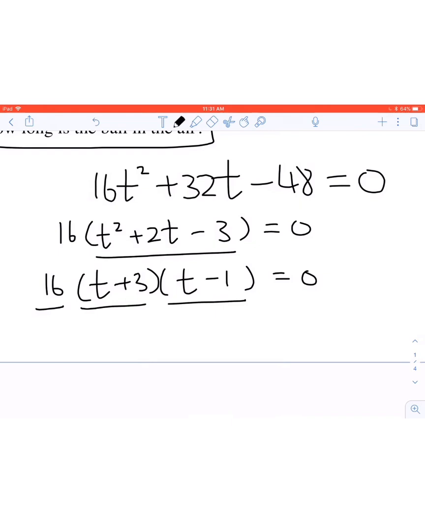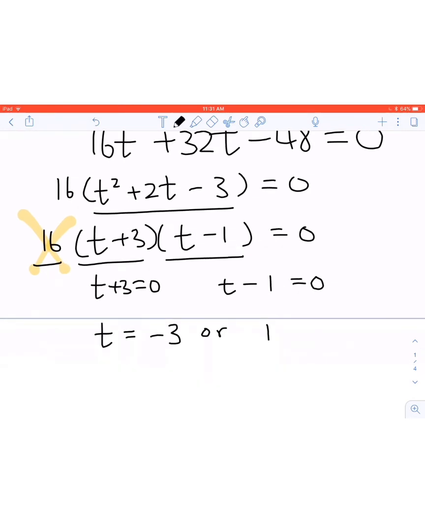But as you know, we cannot make 16 equal to 0 because this is just 16. So in that case, we have 2 options, either t plus 3 is equal to 0 or t minus 1 is equal to 0. So what that means is t, the time, can be either -3 or 1.